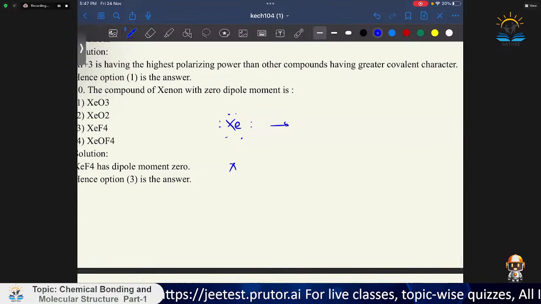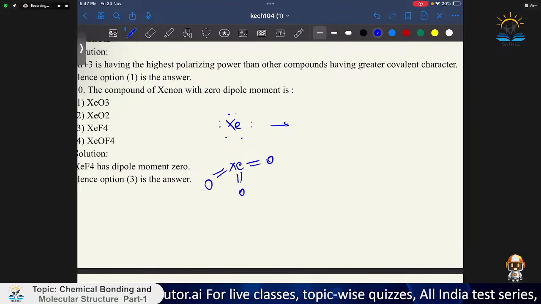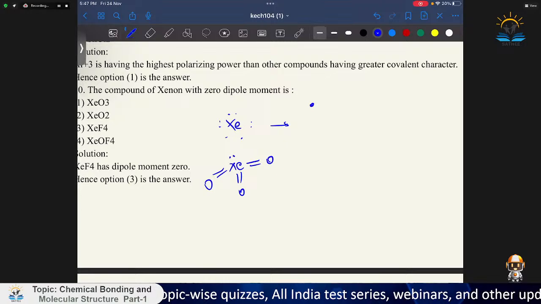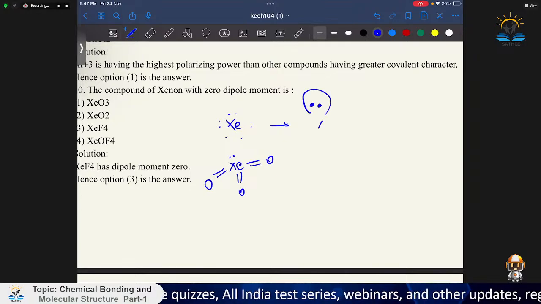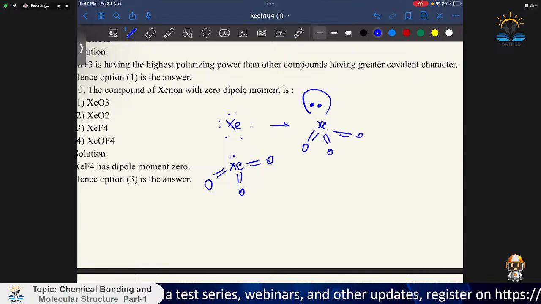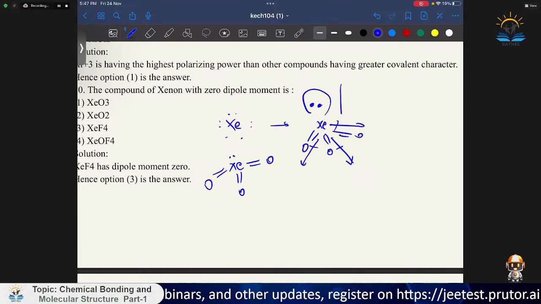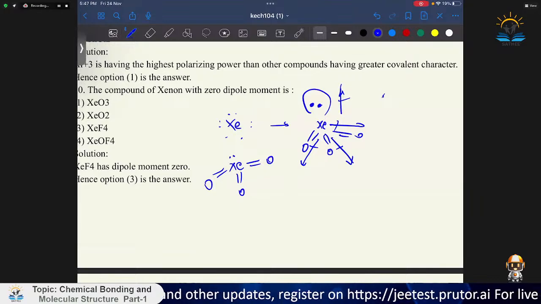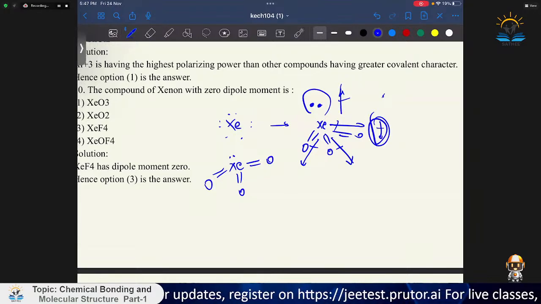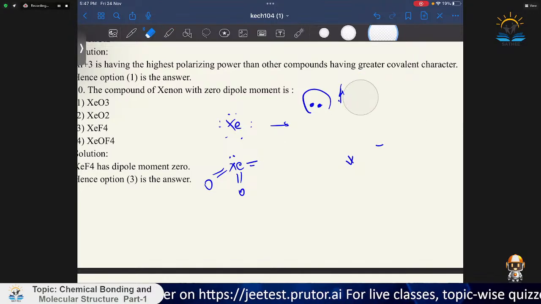XeO3. For XeO3, you need to have this kind of structure, right? This is XeO3, and the lone pair will be on top because it needs to be as far away from the bond pairs as possible. So here we can see that there is a kind of polarity. XeO3 is not the answer.